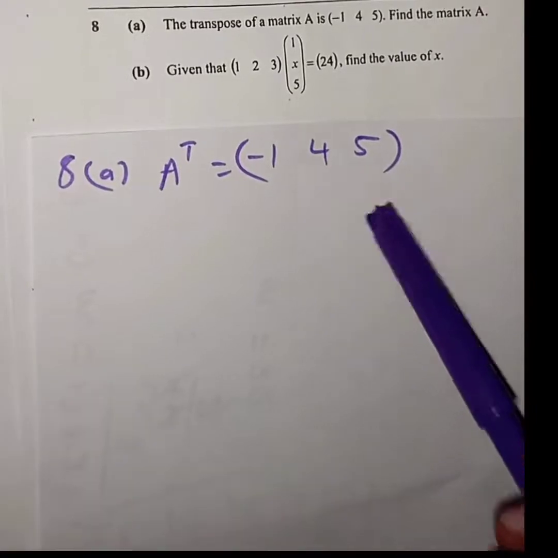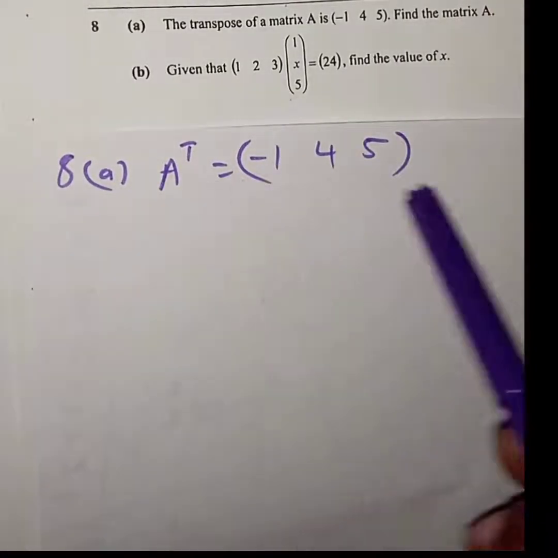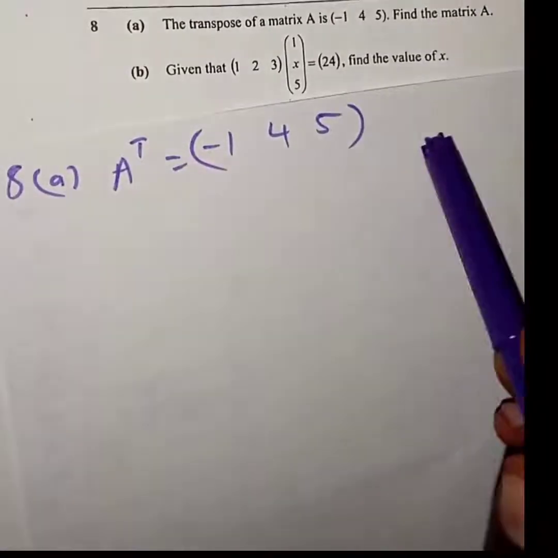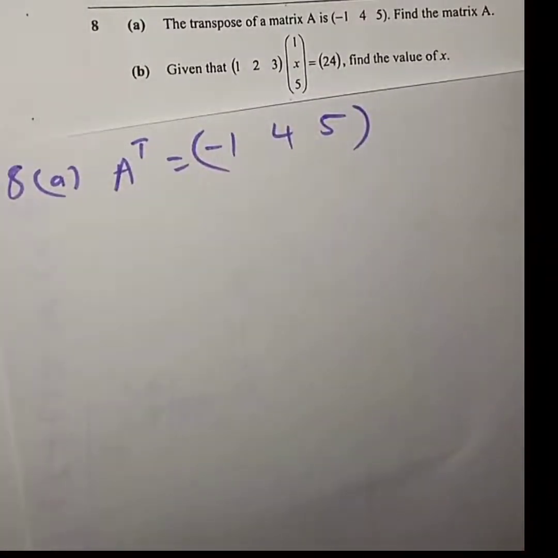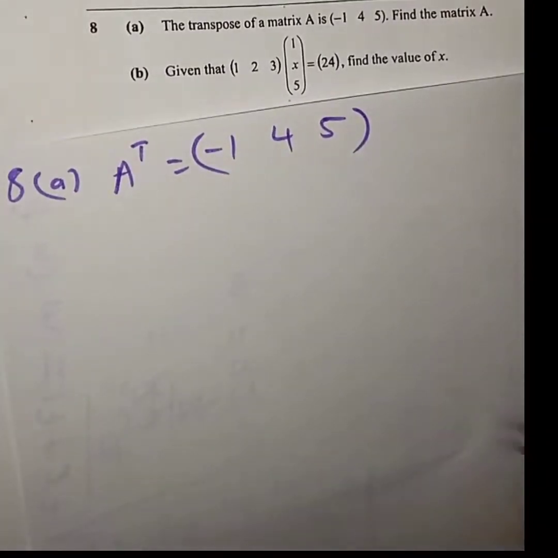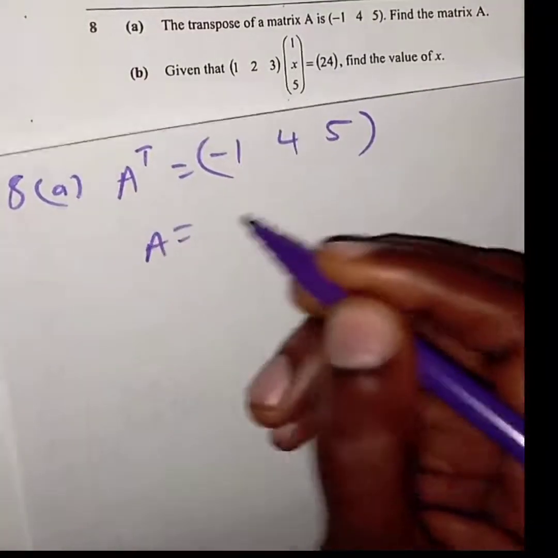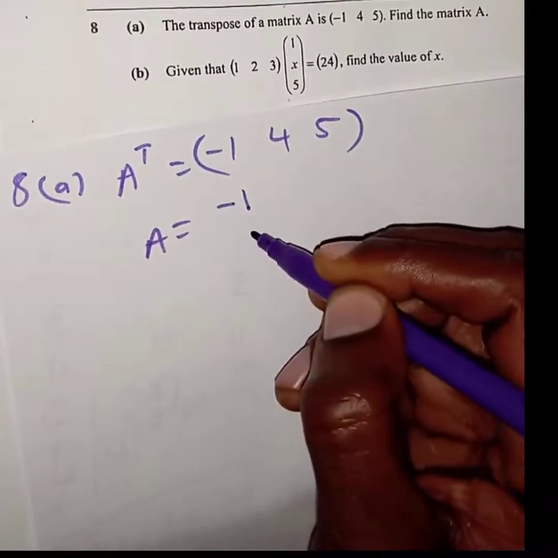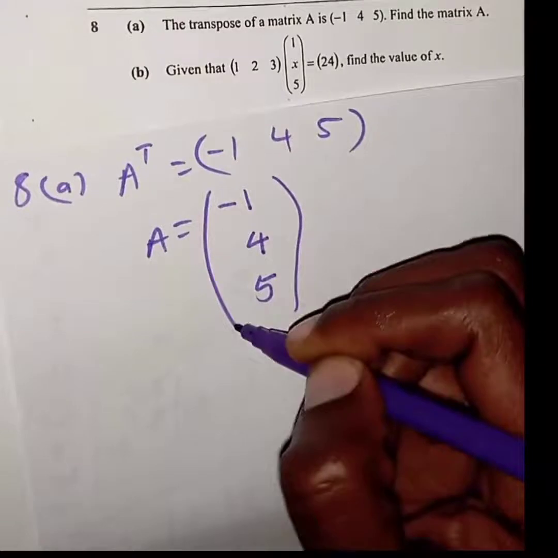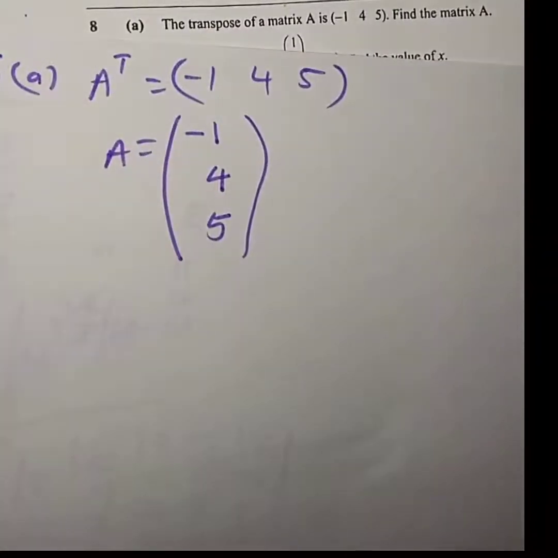So what we do, we swap the row and write it as a column. We have one row, so write it as a column. So matrix A will be the column -1, 4, 5. So this is the matrix.